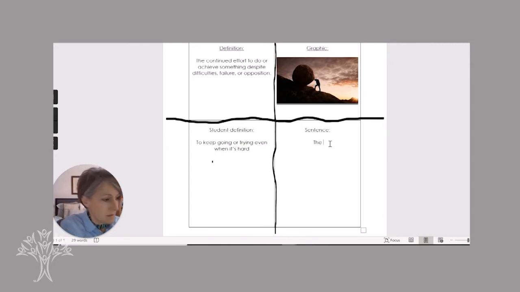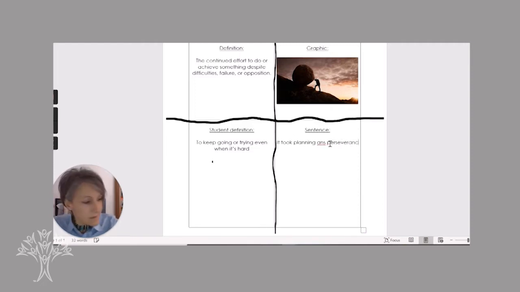It took planning and perseverance for the girl to build the most magnificent thing.